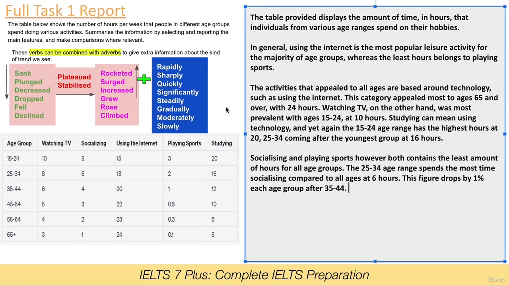So the only activity to hold less than 1 hour is playing sports after the age of 44.